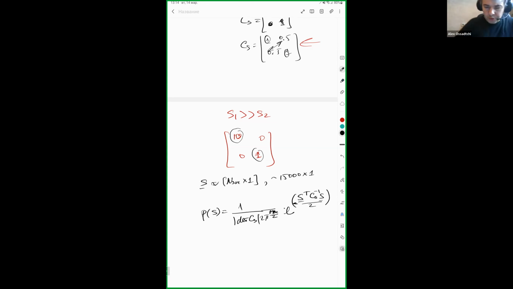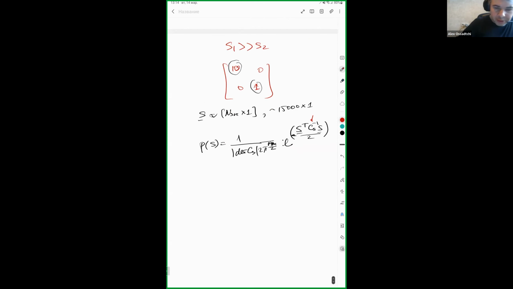Okay, so this is your prior on sources. It has covariance matrix CS, and in the simplest case, to get MNE, CS is simply sigma squared times the identity, where sigma squared is the variance of the activity of each source. It's just a diagonal matrix, an identity matrix, which means that we assume that all sources are active with the same magnitude on average.